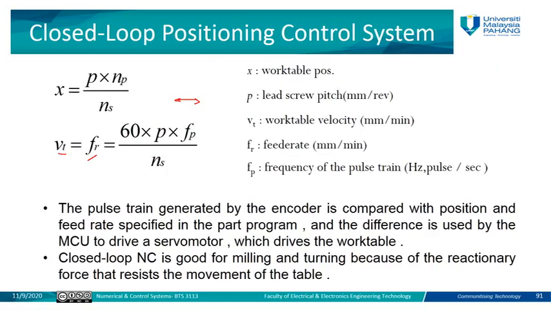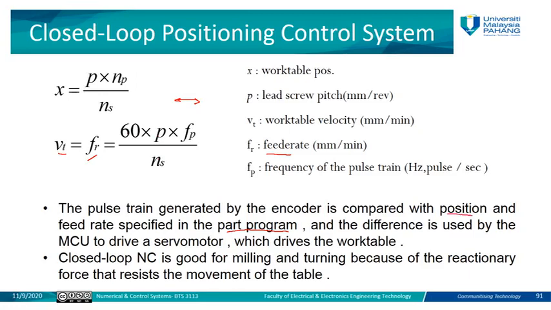The pulse train generated by the encoder is compared with the position and feed rate specified by the part program. In the part program we define the feed rate, and also the position as a coordinate.